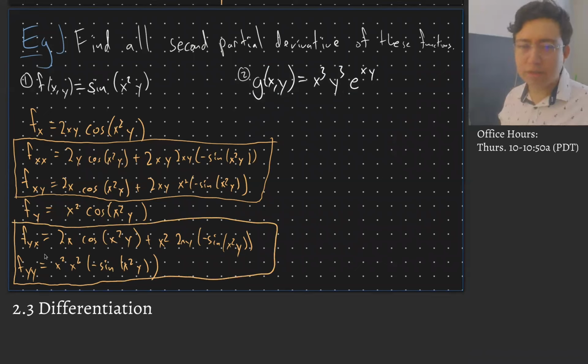So these are our answers. If it's a function in two variables, then there should be 4 answers, right? Because there are 4 different combinations: xx, xy, yx, and yy. And so you can compute those like this.